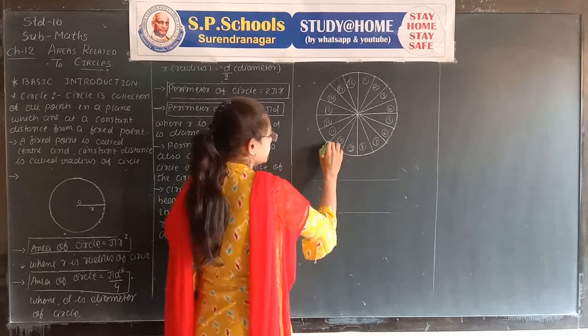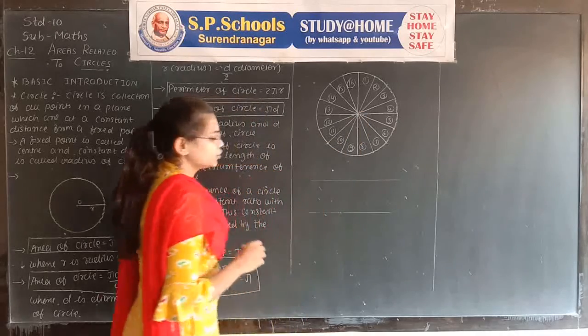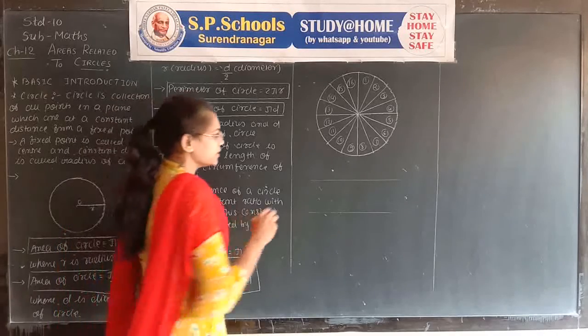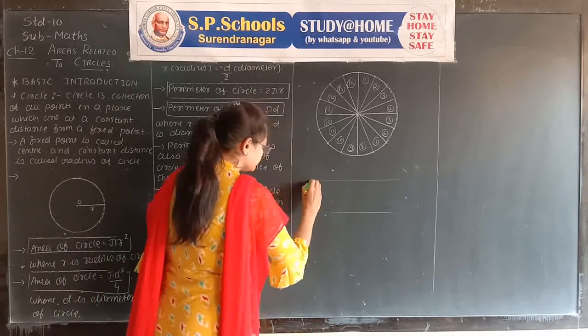From the center to the point on the circle, the distance represents the radius r.